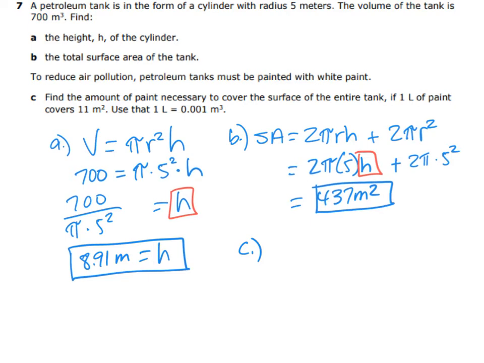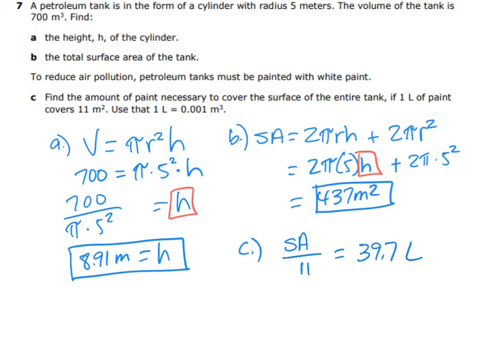Now, I'm going to write surface area, because remember, that is an exact value. I don't want to put 437 in because that was rounded. So if I take total surface area and divide it by 11, that's going to give us 39.7 liters.